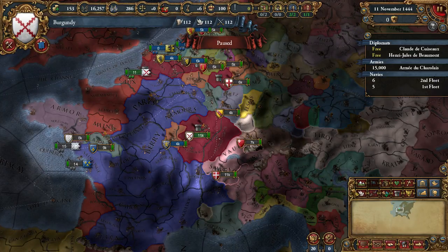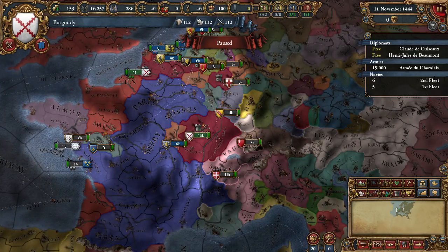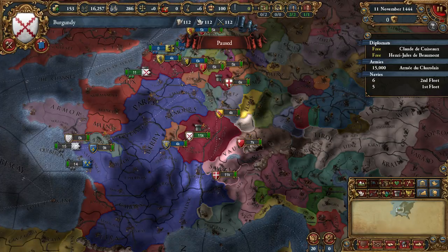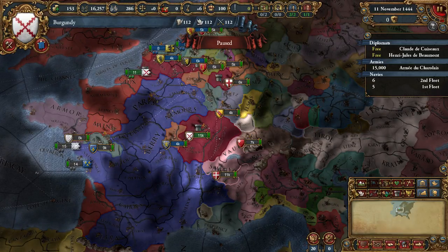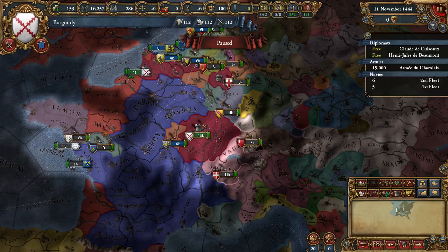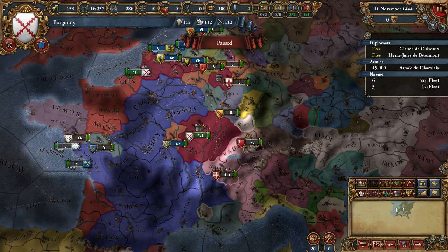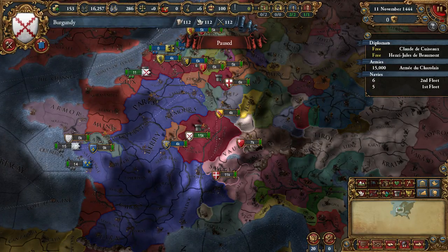After the death of Philip II, his son Jean became the new Duke of Burgundy. He had some problems with French nobles and soon with the French king.